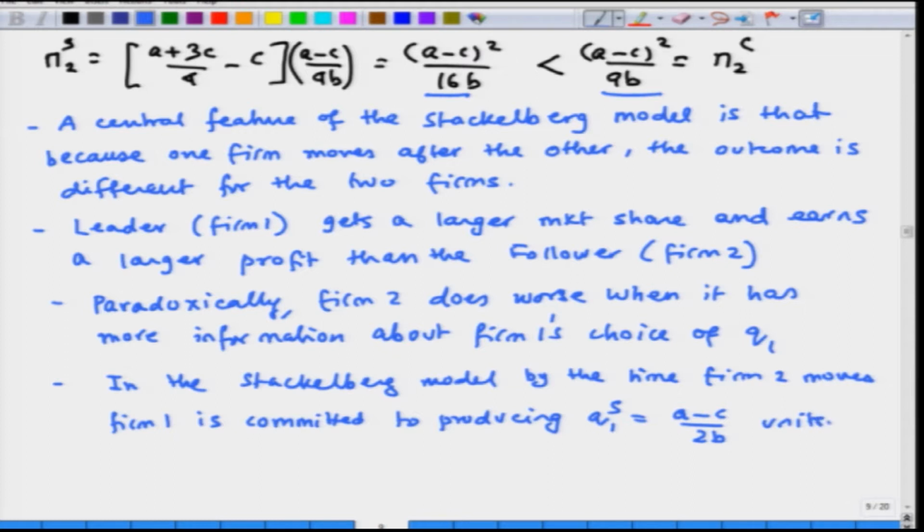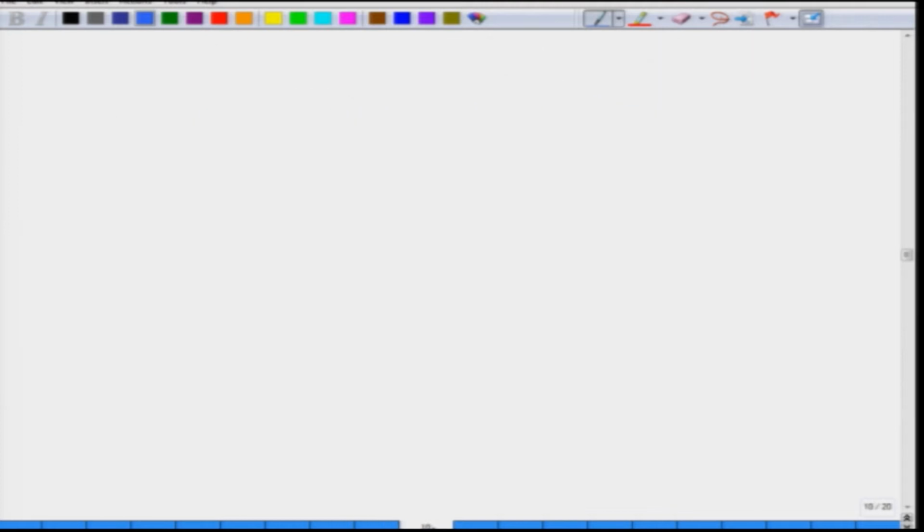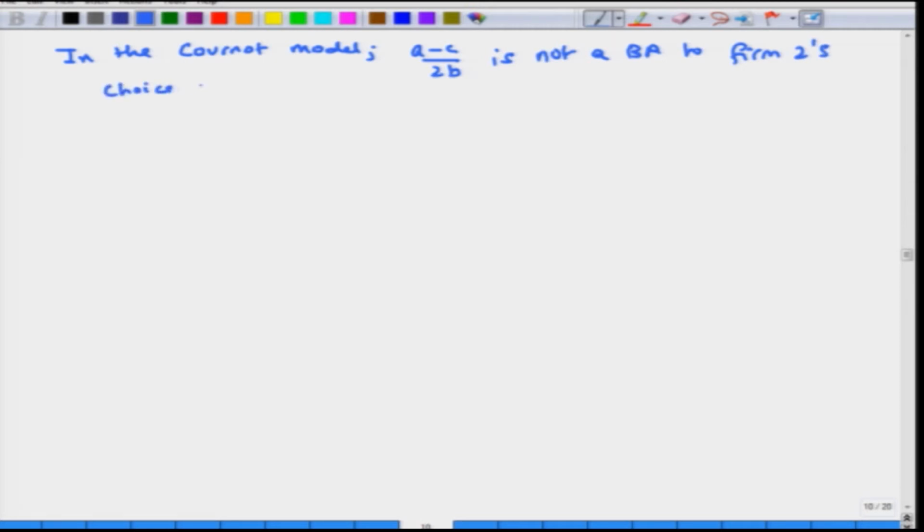So, by the time it is firm 2's turn to make a move, firm 1 has already committed to producing the Stackelberg quantity of output. Now, in the Cournot model, A minus C upon 2B is not a best response to firm 2's choice of A minus C upon 4B, right.